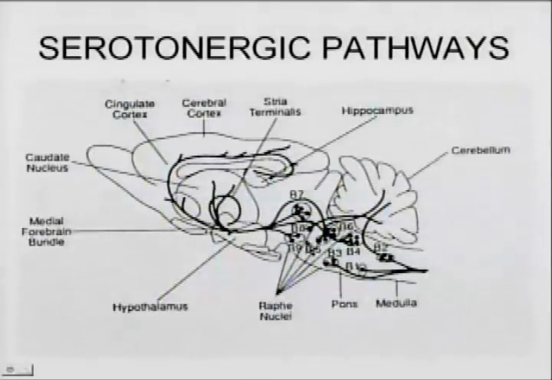So the raphe nuclei include the B3, 4, 5, 6, and looks like the 9 that they're including there. So it is a relatively small population of serotonergic neurons. These are the dorsal raphe neurons here above, the B4 in particular.